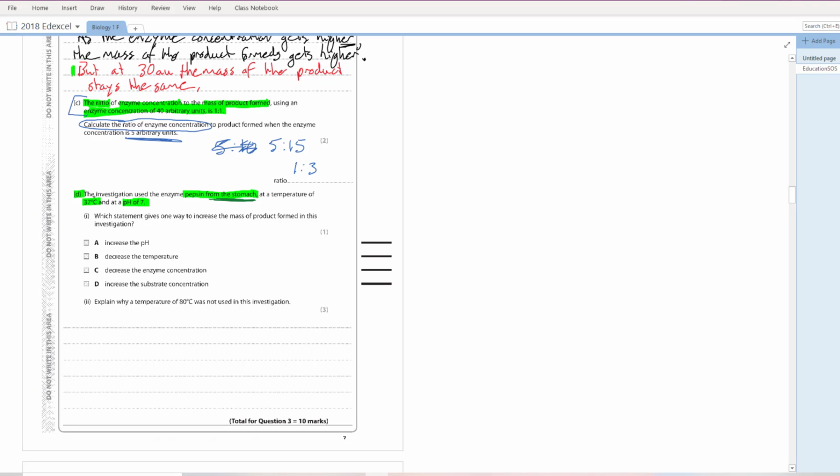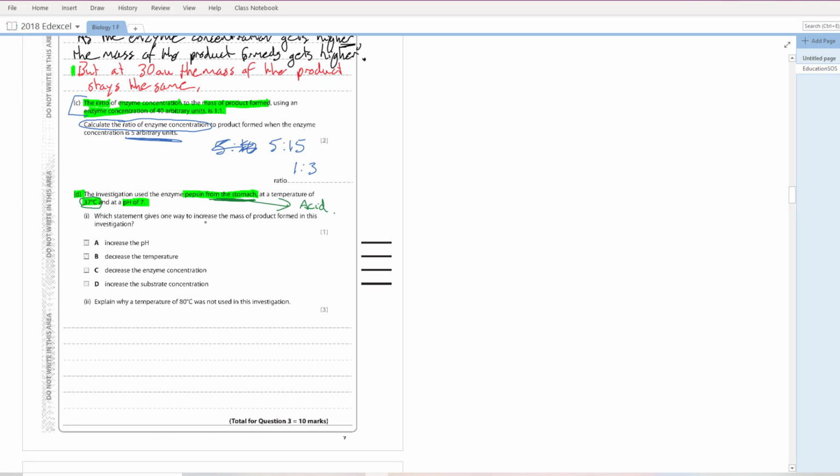Now 37 degrees Celsius is body temperature, so that seems alright. But I know in the stomach I have stomach acid. So what that means is maybe I need to do something with the pH, and maybe I need to decrease the pH. So let's have a look at the options.